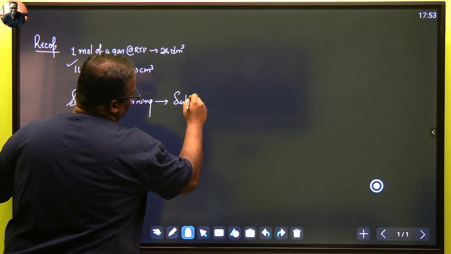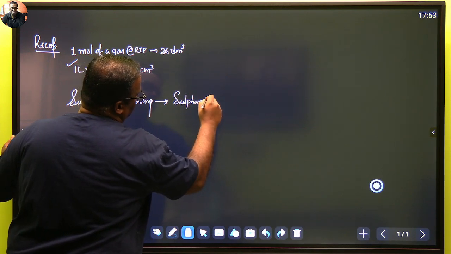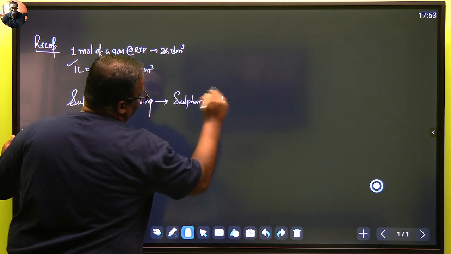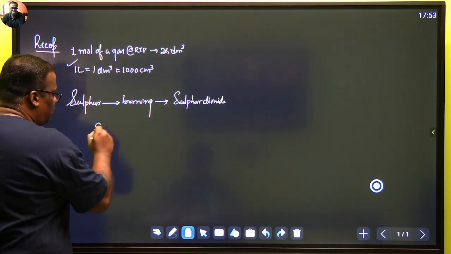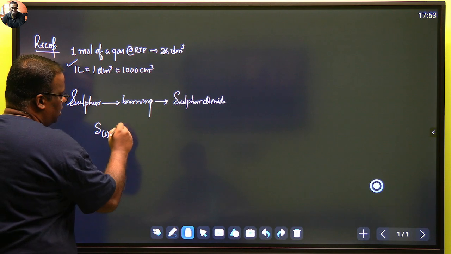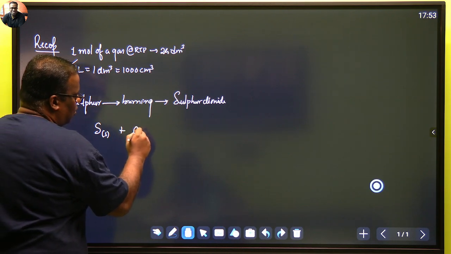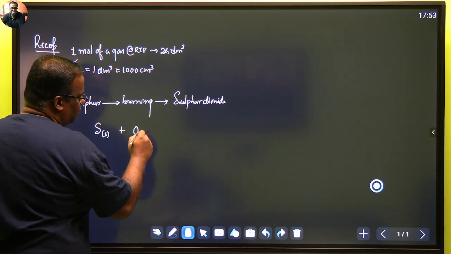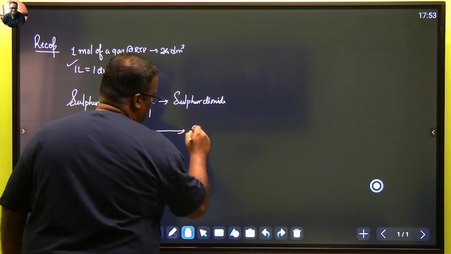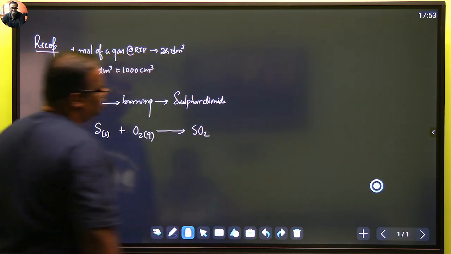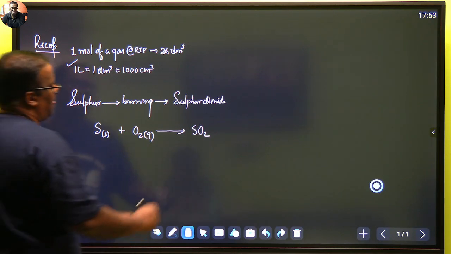Sulfur dioxide. This should be the reaction. So let's first write our reaction. Sulfur as solid reacts with oxygen as gas, and produces what? Sulfur dioxide, which is also a gas.